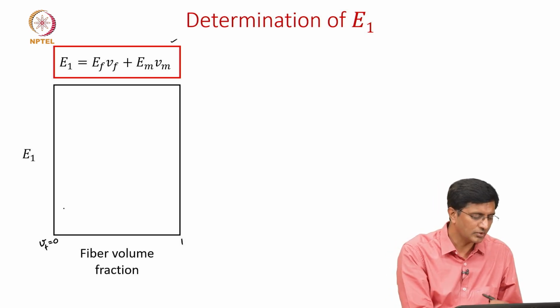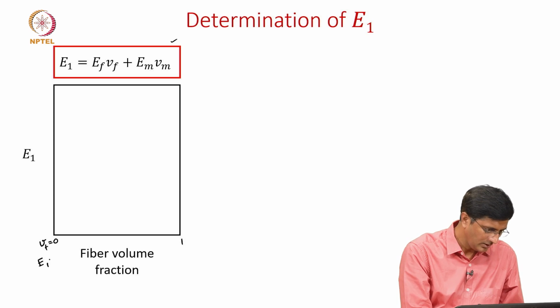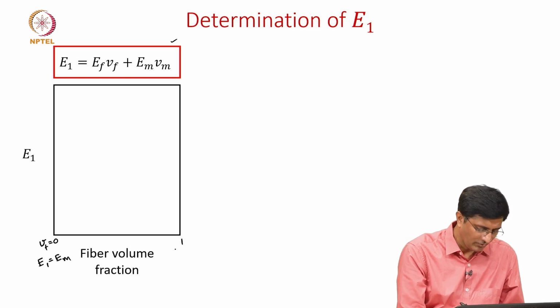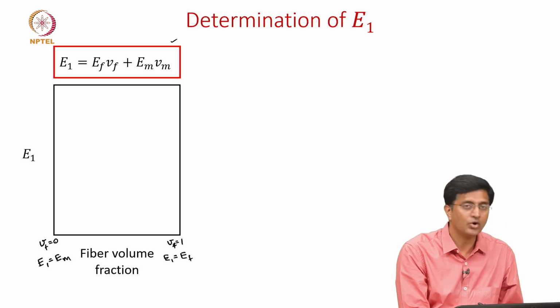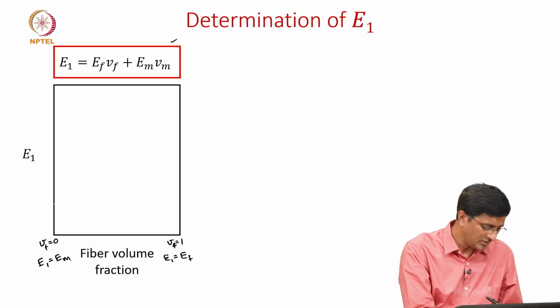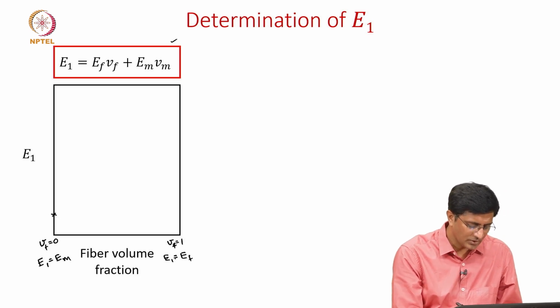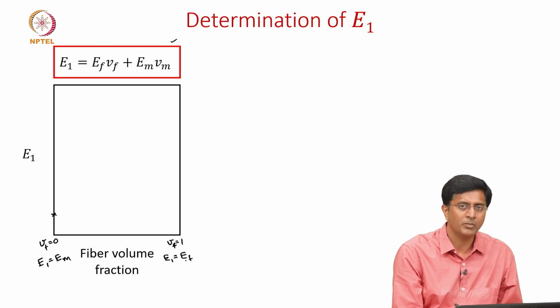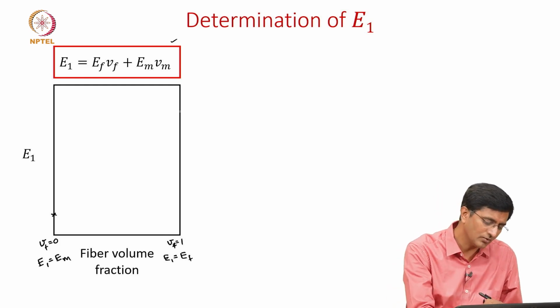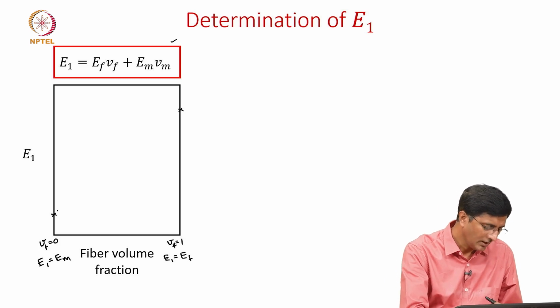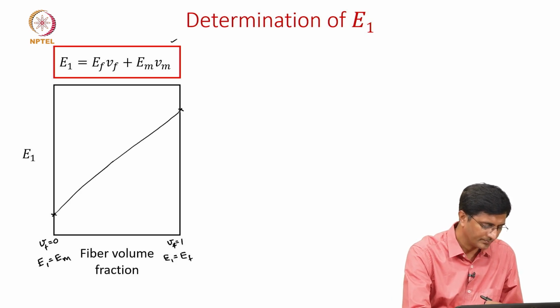When we substitute Vf equal to 0 in the equation, we get E1 is Em, and when we substitute Vf equal to 1, we get E1 is Ef, which means at 0 fiber fraction, E1 is simply the elastic modulus of the matrix, and when Vf is equal to 1, it is the elastic modulus of the fiber. But we know fibers are much stiffer than the matrix, so the value is somewhere here. And this relation between E1 and the volume fraction is linear, which means it will have a relation something like that.